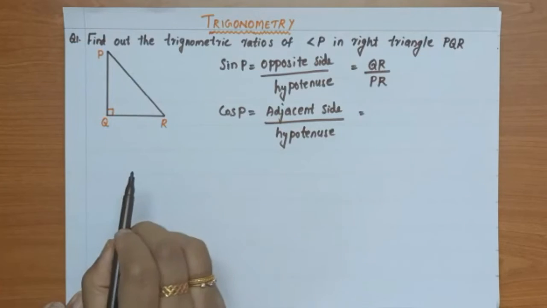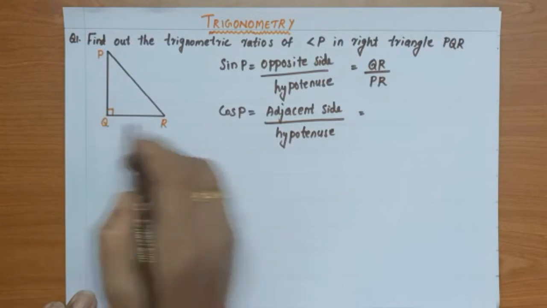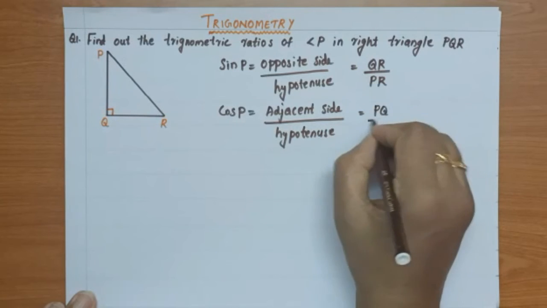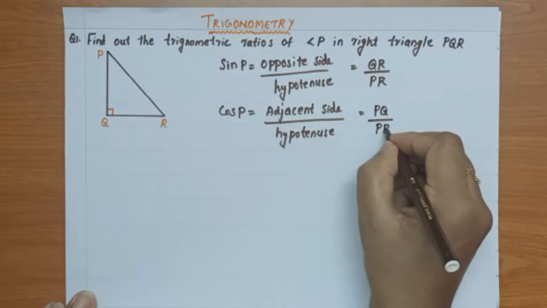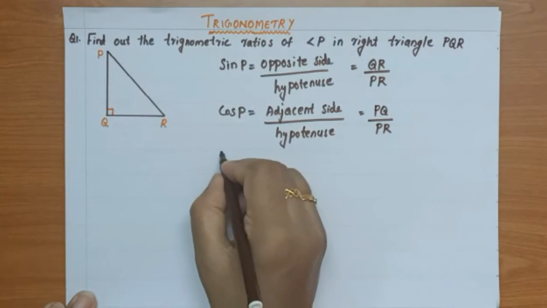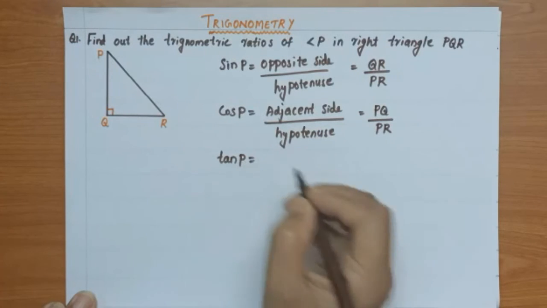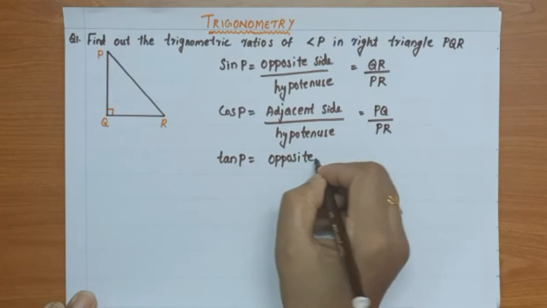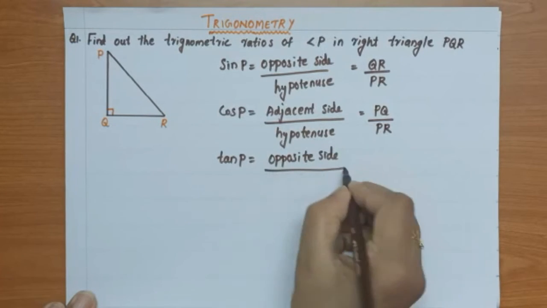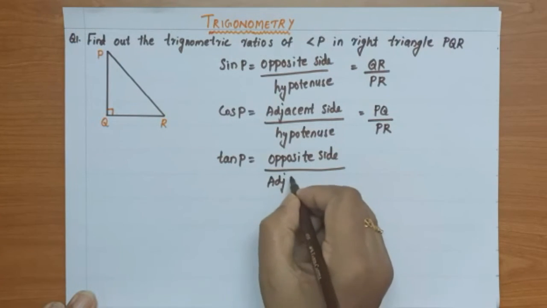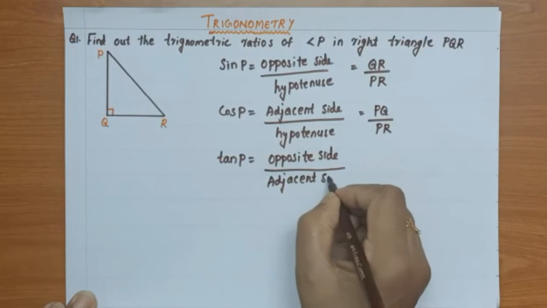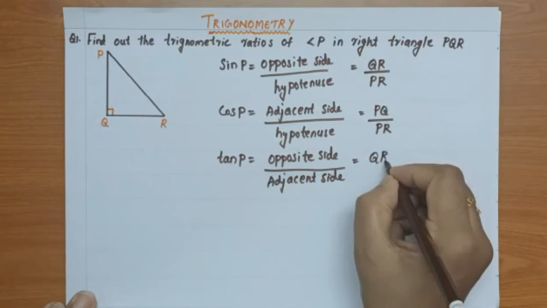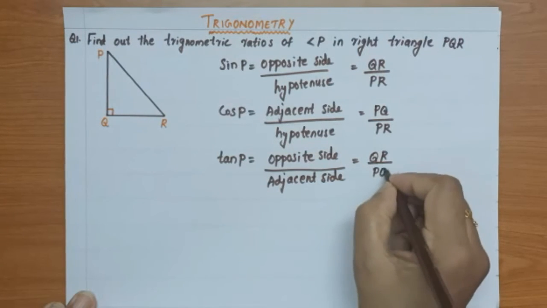That means adjacent side is PQ. According to angle P, PQ is the adjacent side by hypotenuse, that is PR. Then tan P equal to opposite side by adjacent side, that is QR by PQ.